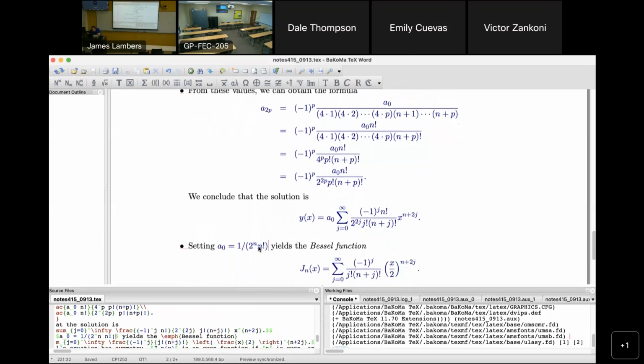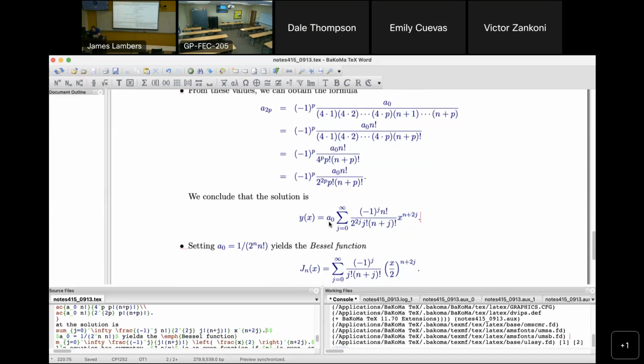And then, by introducing the 2 to the n, now I'm going to have 2 to the 2n plus 2j. This is why I rewrote 4 to the j as 2 to the 2j, because I have x to the n plus 2j here.